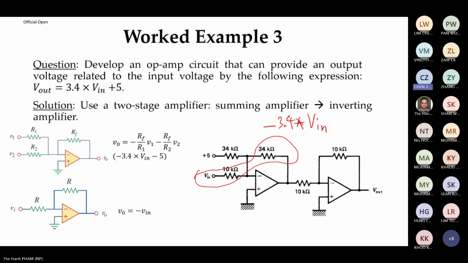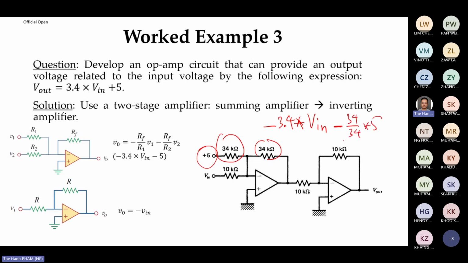Then suppose I have here 5 volt. Then here is 34, here also 34. So the gain should be 34 over 34 times 5, which is 5 itself. So now I need to have a battery here, a good DC source here, a 5 volt.